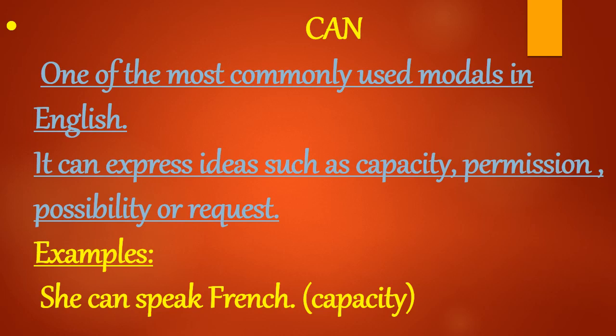For example, as it is given, she can speak French, means she is able to speak French. Or I can speak English. I can lift 50 kg weight, means I have the capacity to lift 50 kg weight.